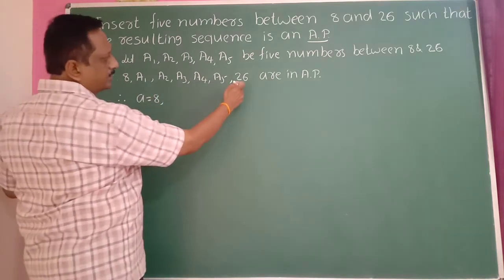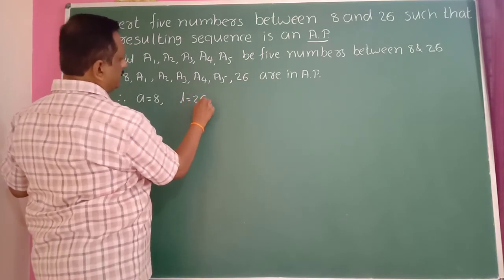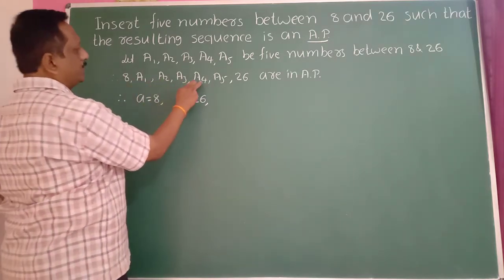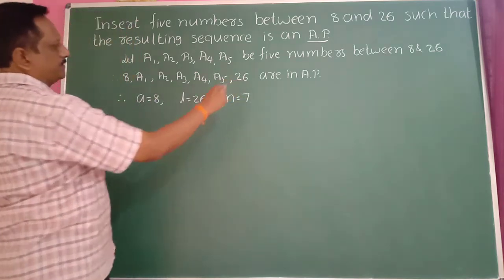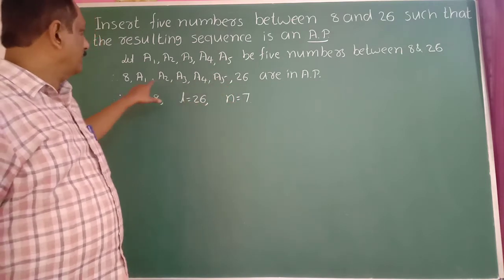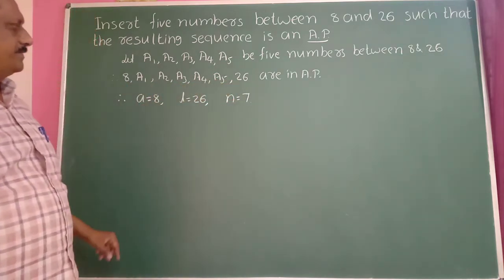The last term is 26, so l is equal to 26. And the number of terms: 1, 2, 3, 4, 5, 6, 7, so n is equal to 7. First term is 8, last term 26, number of terms 7.